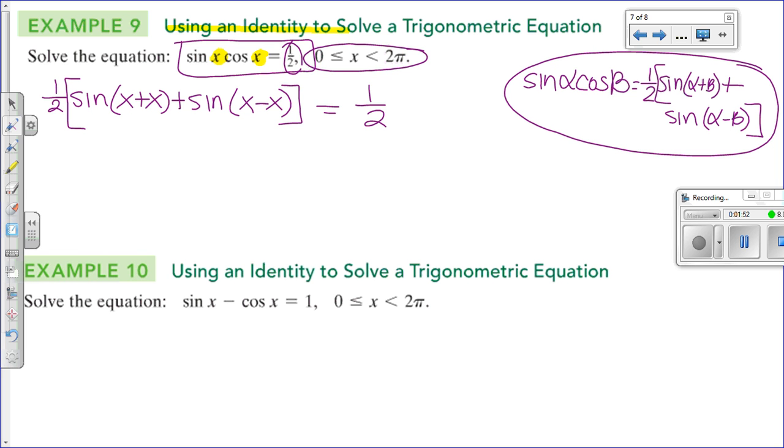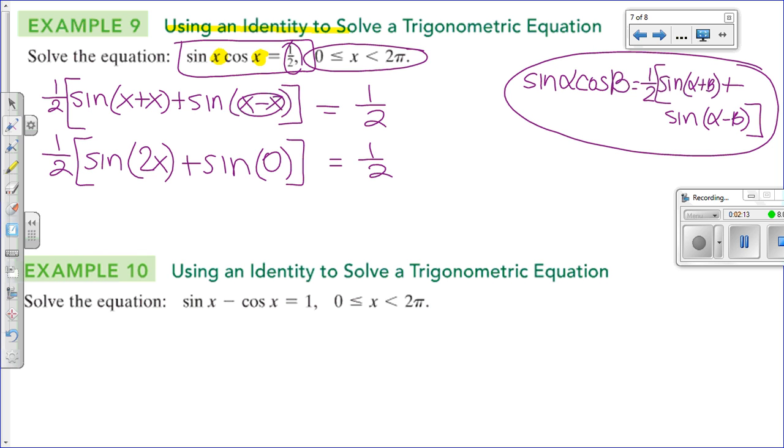All right, next I'm going to combine what's inside the parentheses. In this case, we will get 2x. And here, we're going to have sine of x minus x. They're opposite, so the answer is 0, so sine of 0. Do you guys remember what the sine of 0 is?